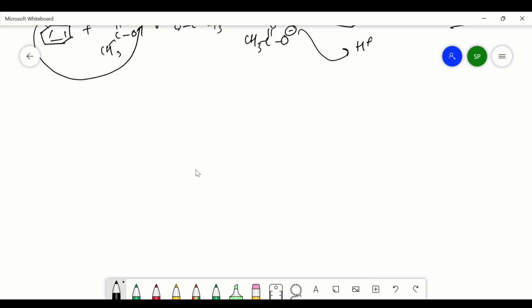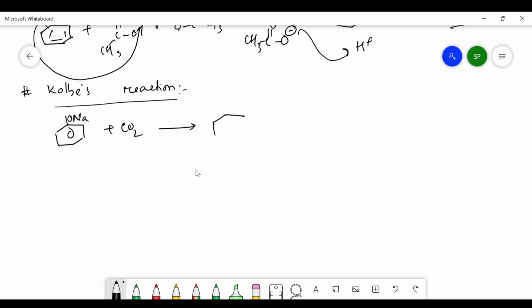The starting material is ONa, sodium phenoxide, which reacts with carbon dioxide to produce the ortho product with OH and COONa.